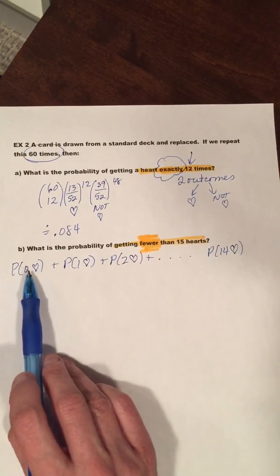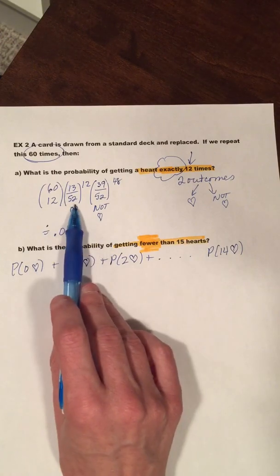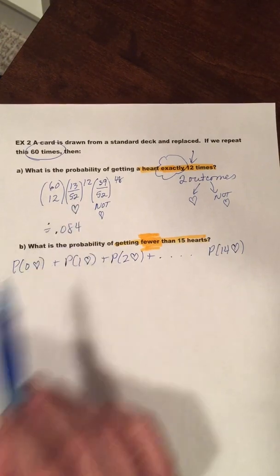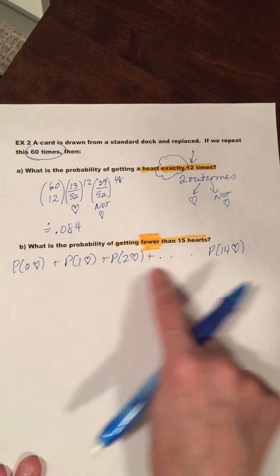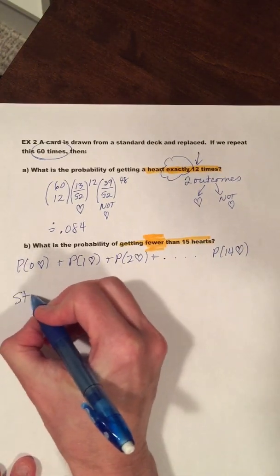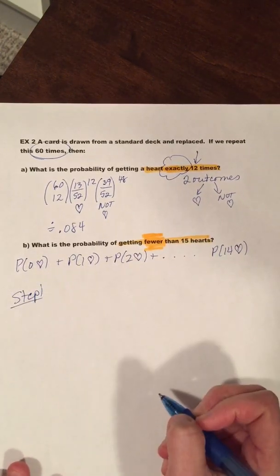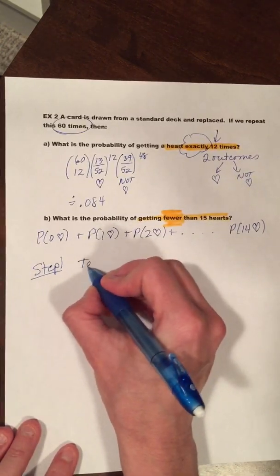That would mean that we would have to run Bernoulli 14 times, this formula, 14 times to get the answer. That seems absolutely ridiculous. That would take you a ton of time. So you're thinking, geez, I don't want to run Bernoulli 14 times. Maybe, just maybe, this particular question can be done using the normal approximation.